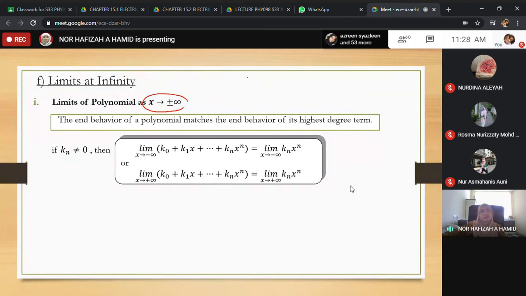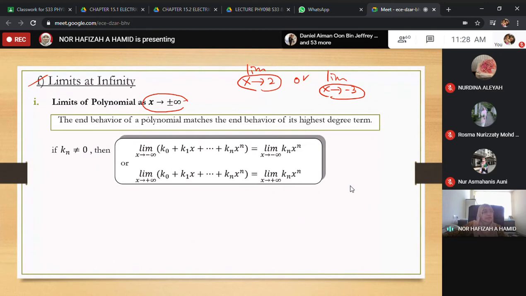Before this, your x approached, for example, 2. For example, you need to calculate limit x approach to 2, or limit x approach to negative 3. So this is the previous one. For f now, x approach to positive or negative infinity. So it means the value of x will increase, or the value of x decrease.